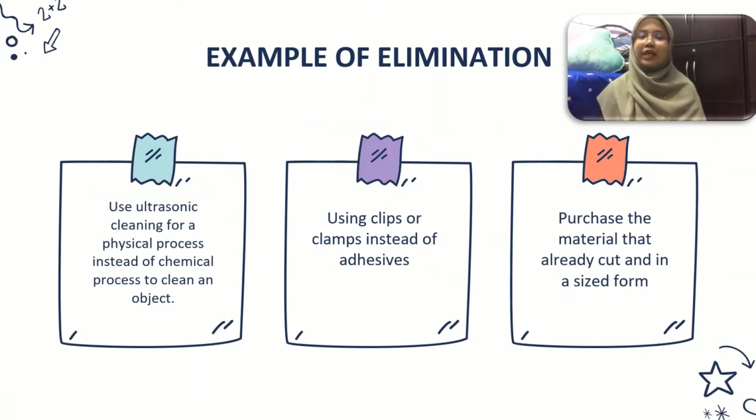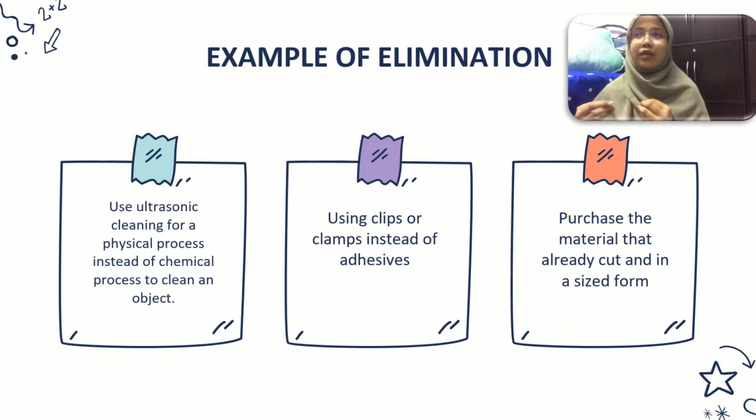Okay, there are three examples of elimination. First, we use ultrasonic cleaning, a physical process, instead of using a chemical process to clean an object. When we want to clean an object, we should use a physical process instead of a chemical process.